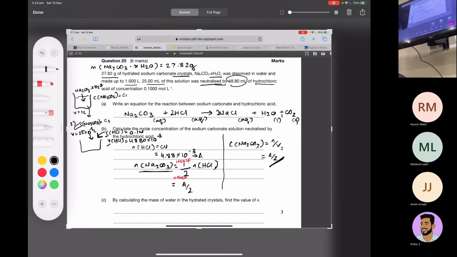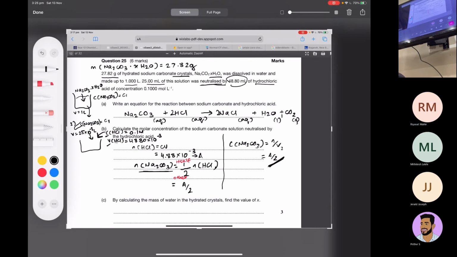Agree, disagree? Which part? What V value are you going to put to find the concentration of Na2CO3? 1 liter. Isn't it 25 milliliters?